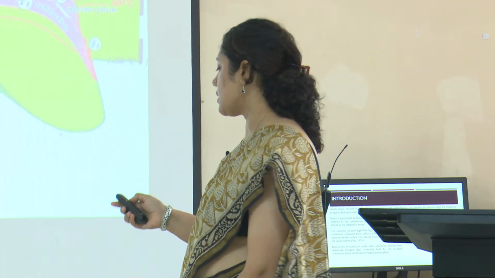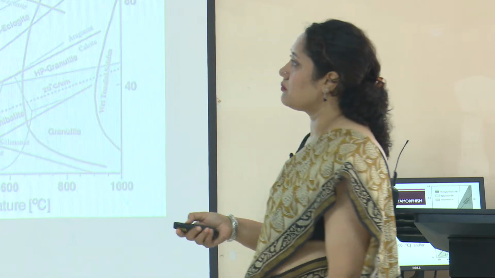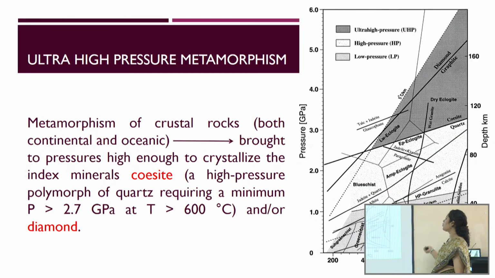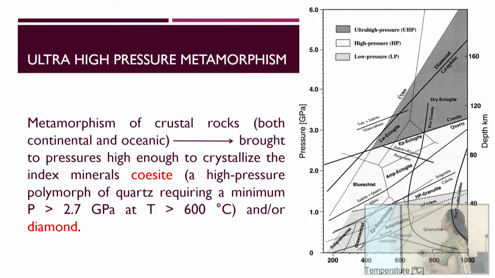and that can be summarized or looked at in this graph or in this PTD diagram, which primarily tells you that when the crust is subducting, it has to reach a depth of somewhere about 100 kilometers at least for it to undergo ultra high pressure metamorphism, and anything below that is typically high pressure metamorphism. Okay?